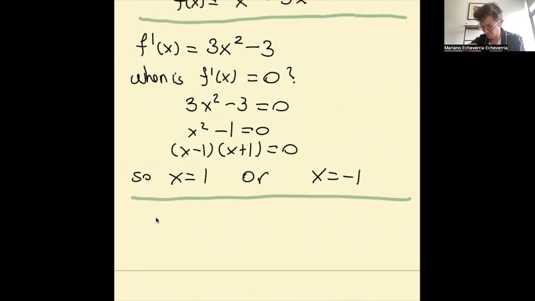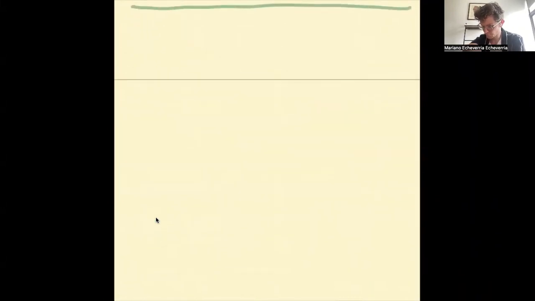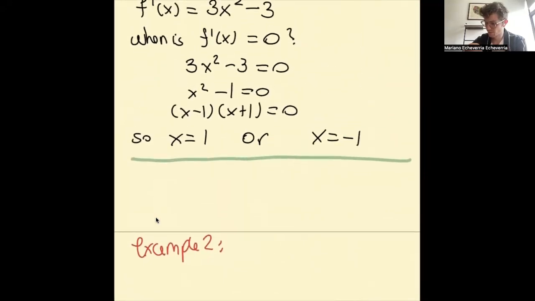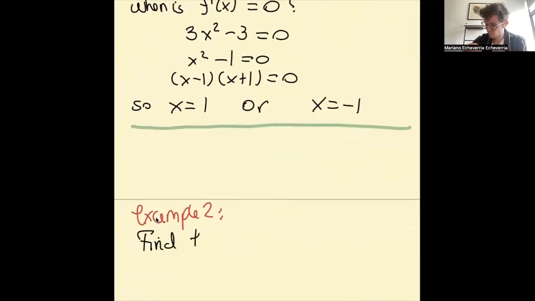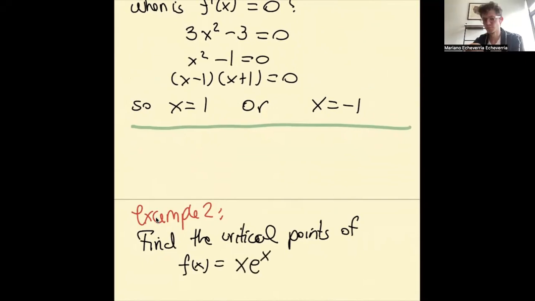So here's example 2. Try to find the critical points of this function. Let me give you 3 minutes to think about it, and then we'll do it together.